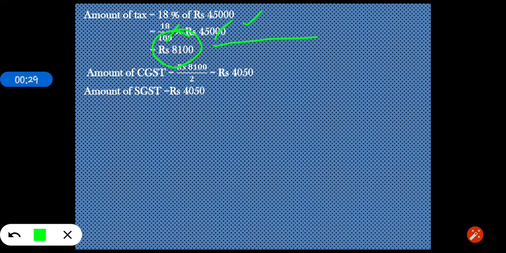This 8,100 is divided into two equal parts, so 8,100 divided by 2 is equal to 4,050, which goes to the central government, and another 4,050 goes to the state government as CGST and SGST.